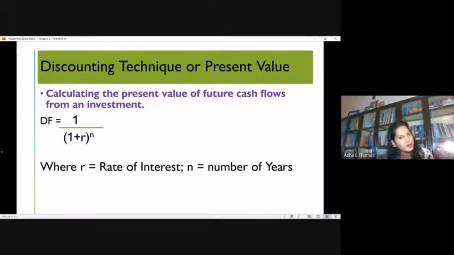Now the second quantitative technique which is applicable to derivative instruments is the concept of present value. Because we often say that when we make an investment, it is the sacrifice of our present saving, I mean, present consumption.